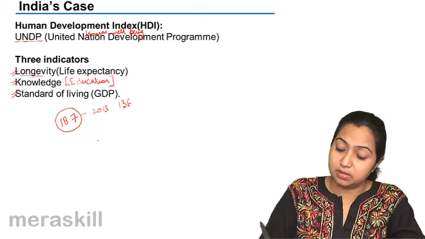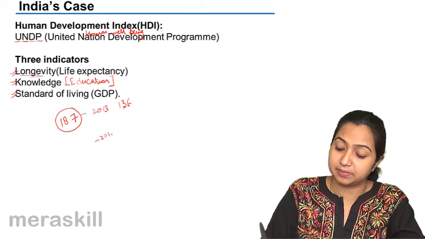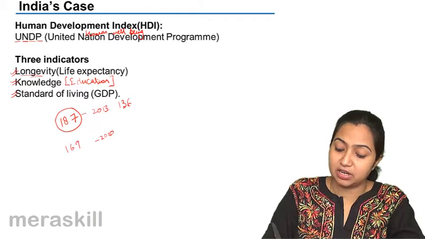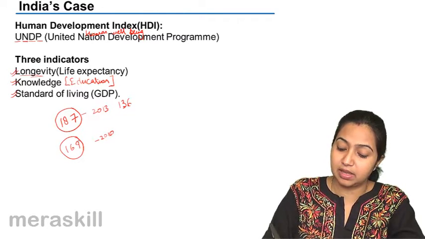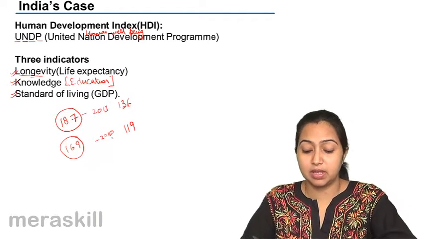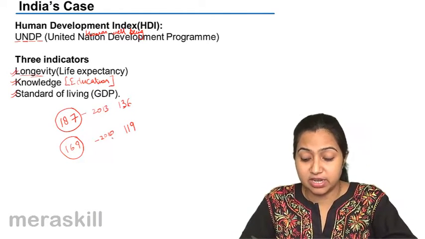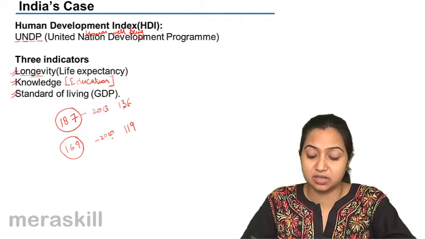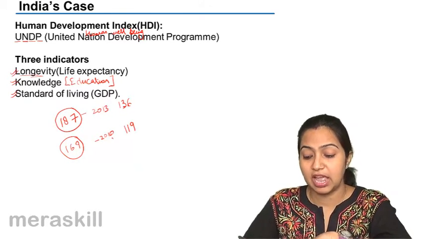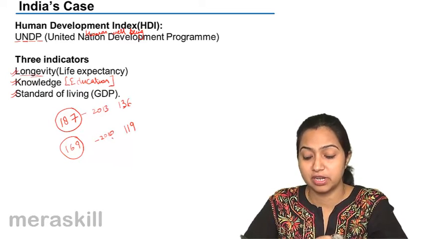In the year 2010, out of 169 countries, India's rank was 119. So the survey had increased by nearly 20 countries. In 2010, there were 169 countries on which the survey was done, and we stood at a position of 119.